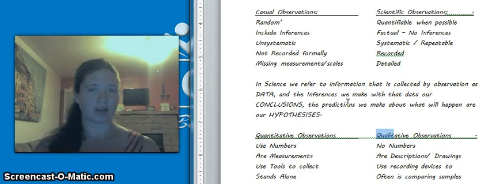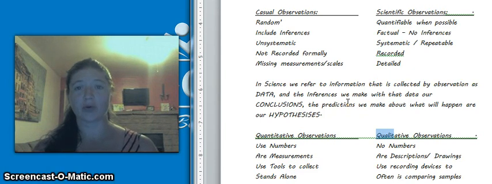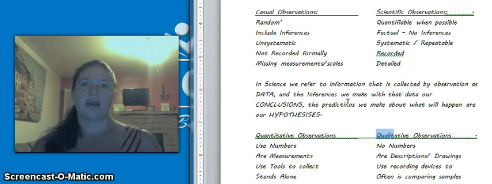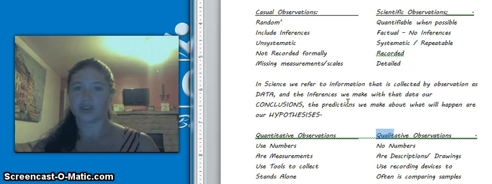This is when we talk about the color. If something is brown, red, green, purple, if it's shiny or dull looking, if it's rough or smooth, none of these very easily translate into a number system. Therefore, we refer to them as qualitative observations. There are no numbers. They're usually either in descriptions or drawings.